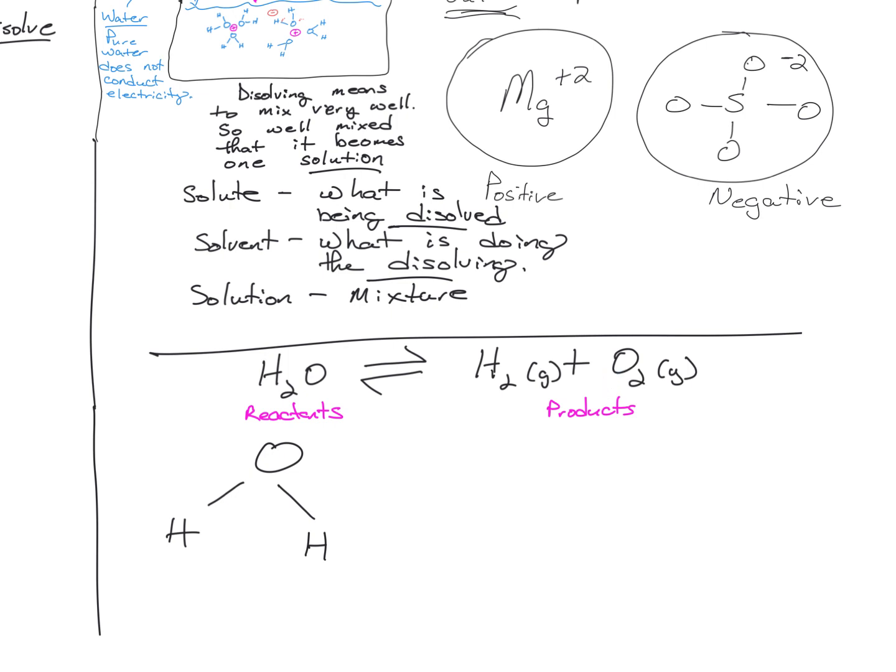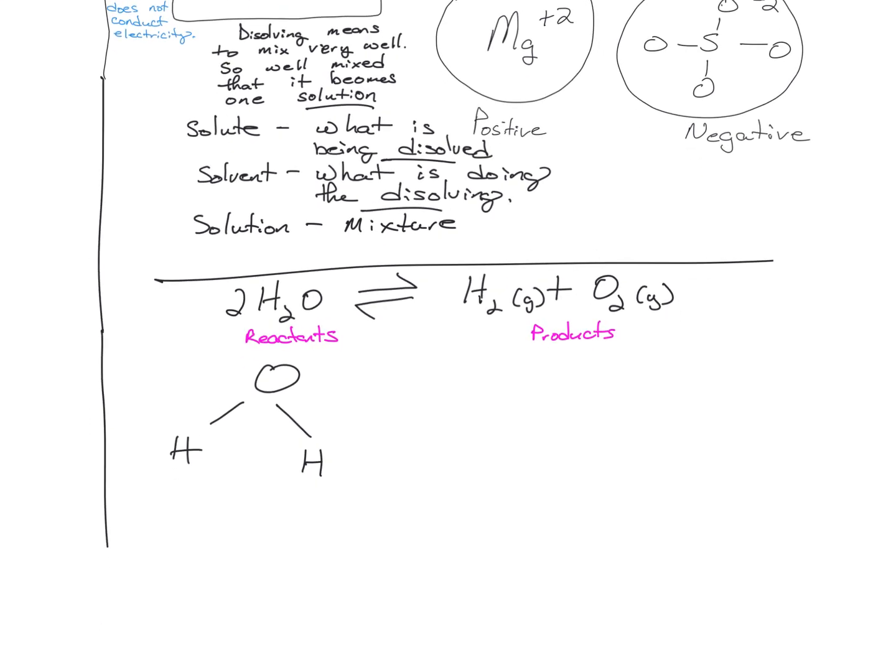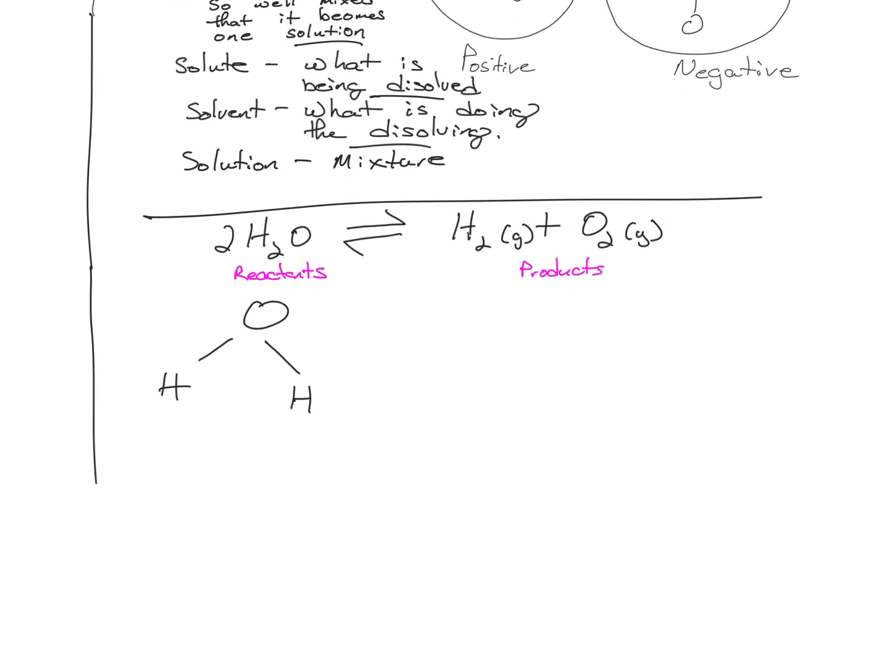So one of the things I have to do is go ahead and say I'm adding 2 water molecules. So that takes care of the oxygen. See, I have 2 oxygens because I have 2 water molecules. So let me draw it out. So if I have 2 water molecules, so there's 2 of them. Do you agree? Yes.